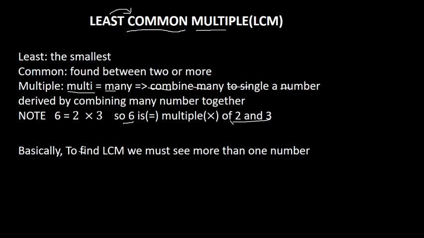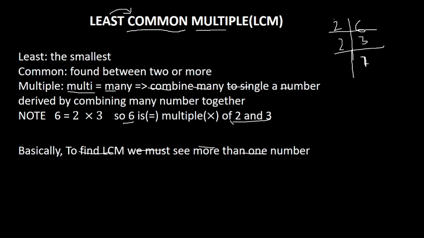Basically, to find LCM, we must see more than one number. That is to say, LCM exists for more than one number. Although some people can use one number, for example, I can ask you to find the LCM of 6. All you have to do is divide 6 until you get to the last number that is not divisible.